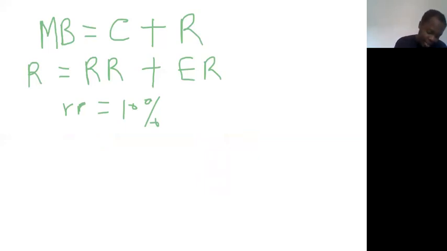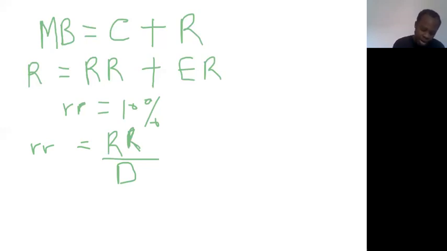So I can say the required reserve is equal to, let me use small r here to indicate the required reserve ratio, r over the deposit. The required reserve divided by the deposit should give you the required reserve ratio.